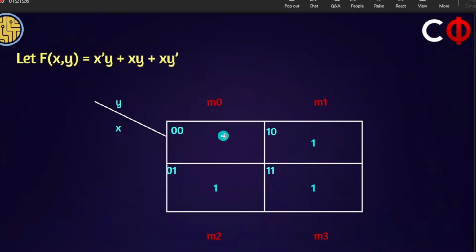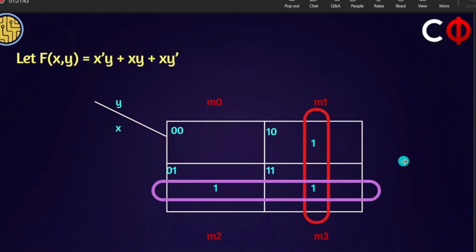For example, if there was a 1 here, then I could group all these together and put all of them in one box, or one grouping. But that's not there. So I cannot group 3 terms together. That's not allowed. So I'll have to group two terms together. So I'll go and group it like this. This term is one grouping and this term is another grouping.